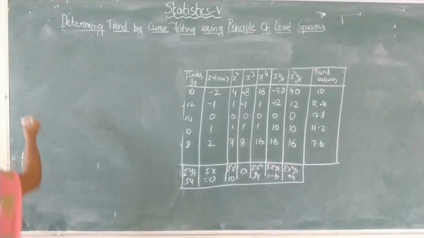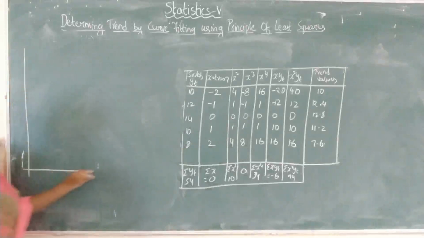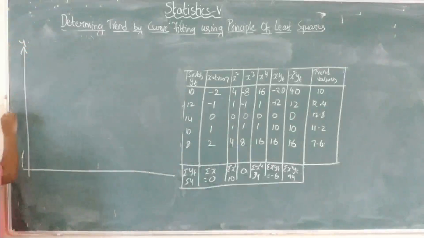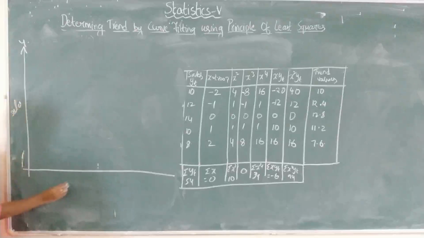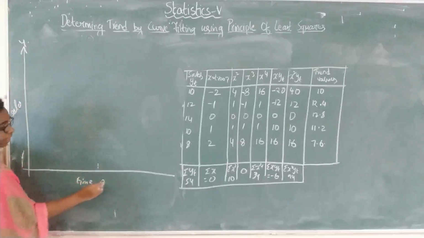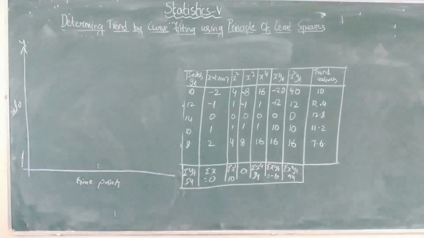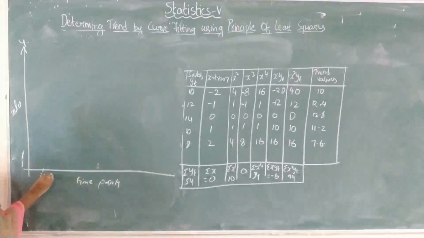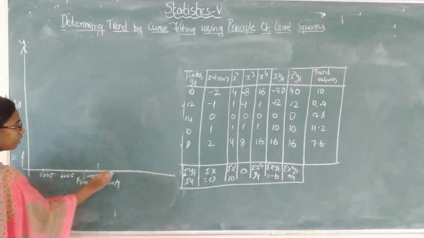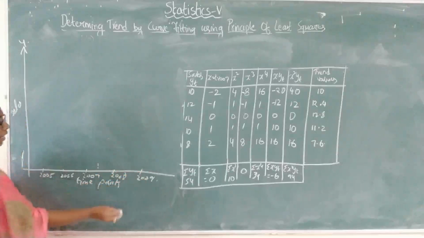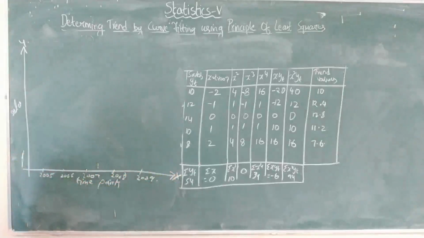Now coming to the graph, after you draw the graph, on the y-axis you will consider the sales and on the x-axis you will consider the time points. What are the time points? They are given from 2005 to 2009. So first 2005, 2006, 2007, 2008 and 2009. So this is on the x-axis.